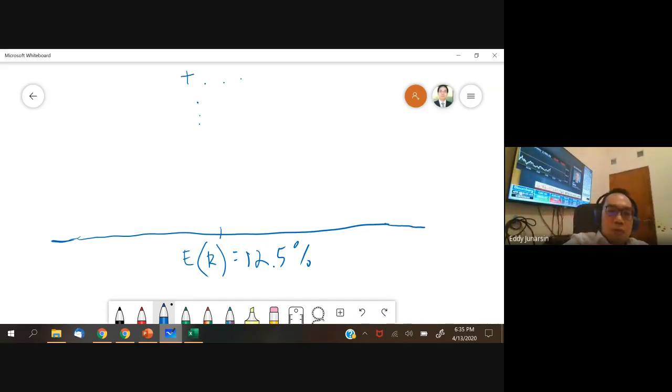Swinging to the left, swinging to the right is potential deviation from the expected return. At this point, we could make an estimate here. This is maybe the worst scenario or the bad scenario, the farthest to the left. So this would be your expected return minus your risk, your standard deviation, right?